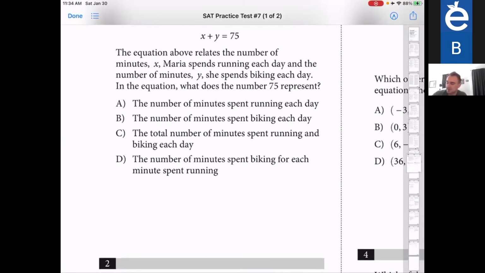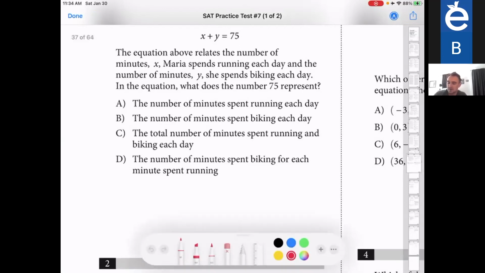So if you think about this equation that they give us here, x plus y is equal to 75, right?